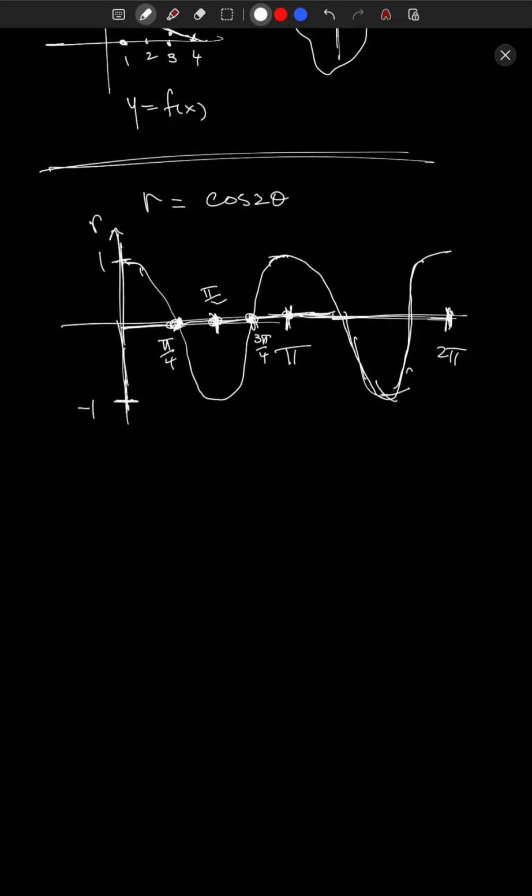So all of these interesting marks are a distance of pi over 4 from each other. So this next one is 5 pi over 4. This next one is 6 pi over 4, which is 3 pi over 2. And this next one is 7 pi over 4. And then the last one is 8 pi over 4, which is 2 pi.